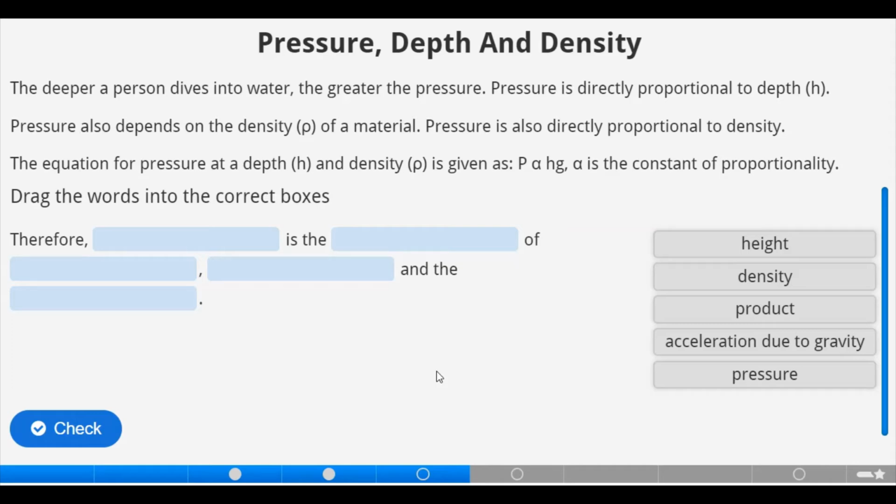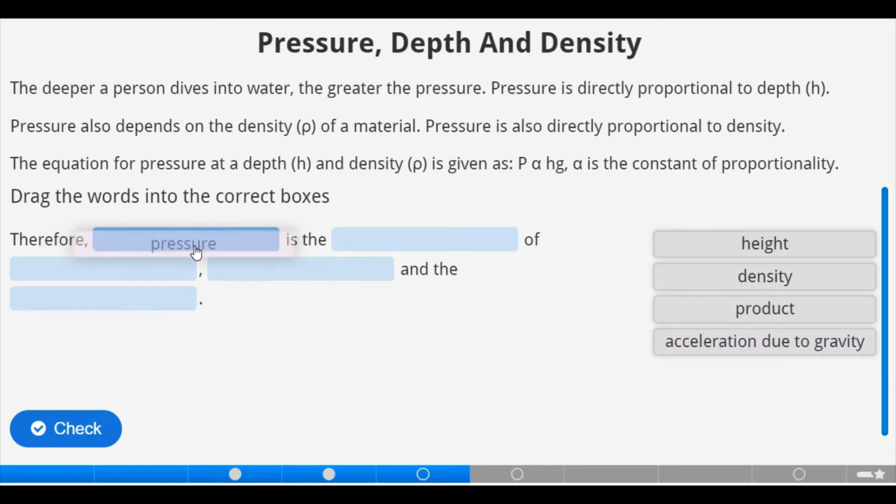The equation for pressure at a depth h and density rho is given as P is directly proportional to the product of height and acceleration due to gravity. Now, the symbol you see there, more or less like alpha, is the constant of proportionality. So we have to drag the following words into the correct boxes. Therefore, what do you think we will pick first?